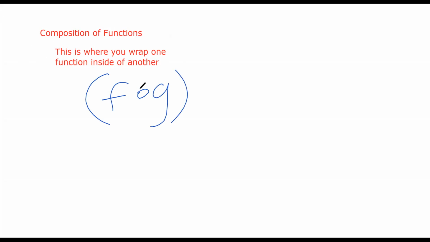That's not really an O, it's like a degree sign, but not at the top, it's in the middle. They'll say "f circle g" or f of g of x.